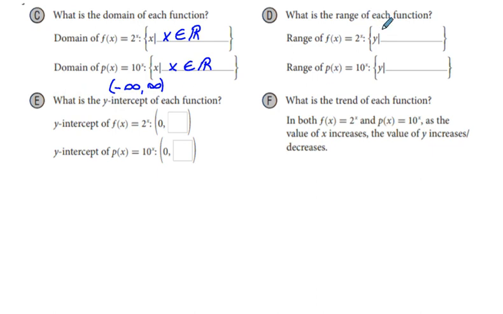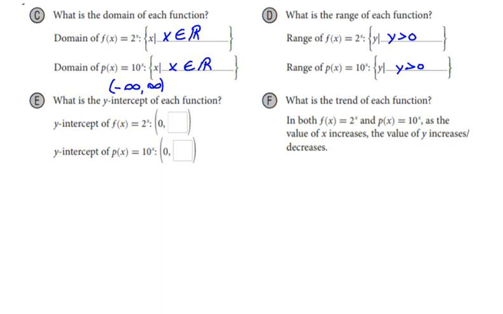And for the range, well, the range is going to be y such that y is greater than 0. And the same for this p of x equals 10 to the x. Y such that y is greater than 0. And the y-intercept of each is going to be 1.